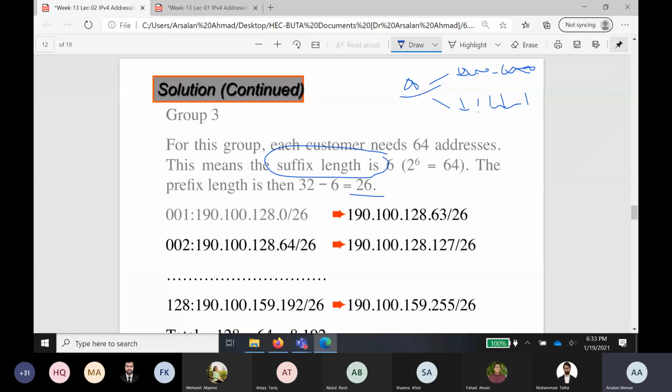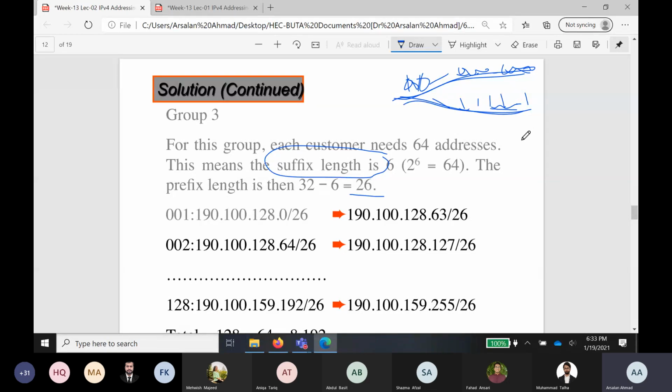And this over here is dot 0, this over here is dot 63, and then you will make one change over here. Okay, this will be your next subnet. And if you calculate, this is 64 and this is 127, and then you will make this change over here, 1 0, and then you calculate, the top one is 128 and the bottom one is 191.